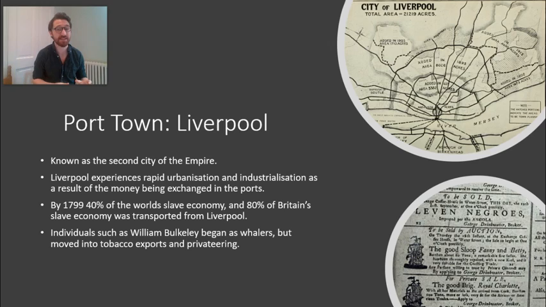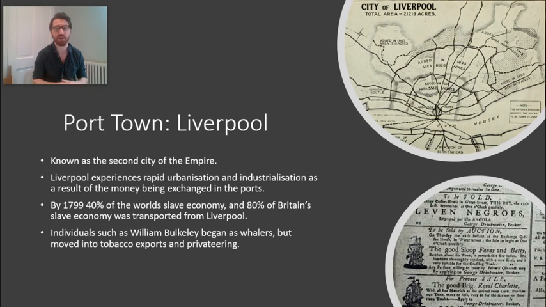By 1799, 40% of the world's slave economy is going through Liverpool alone. 80% of Britain's slave economy is transported through Liverpool. Now, when I say slave economy, I'm not just talking about slaves. I'm talking about objects that are related to the slave trade as well, like the brass manillas of Birmingham, which are transported north to Liverpool.